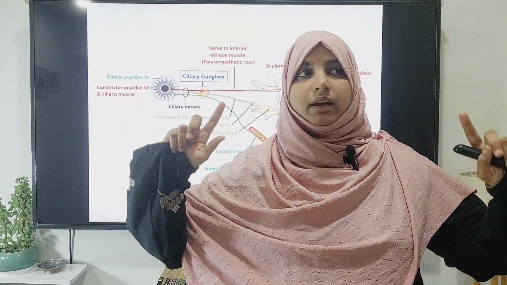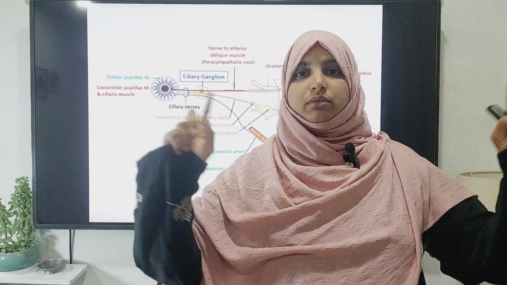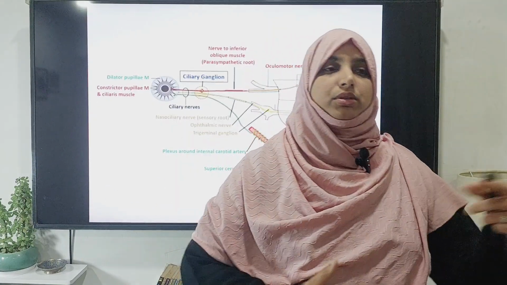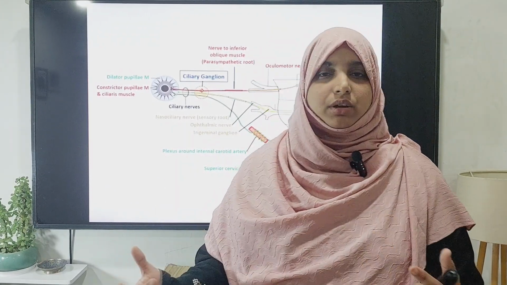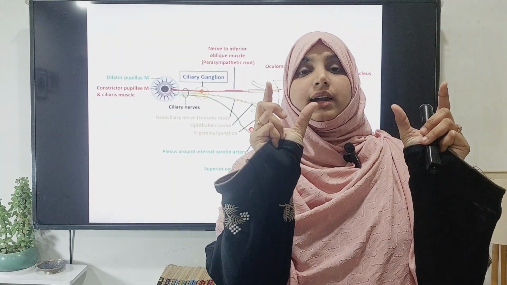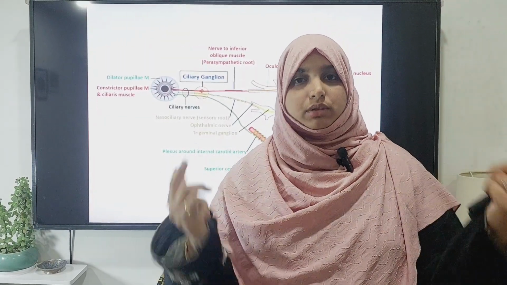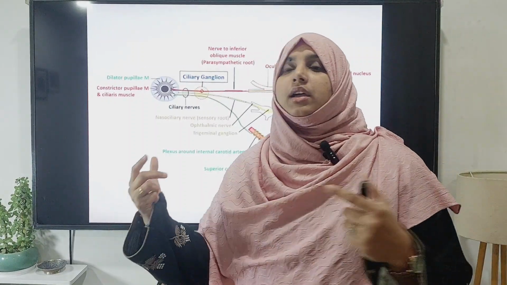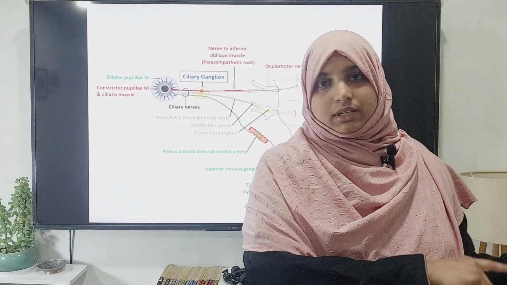You will see how can I escape, how should I go, where should I go, how fast should I go. At that time the pupils dilate, and you have more information about the space and then run. This is regarding the sympathetic system activation.